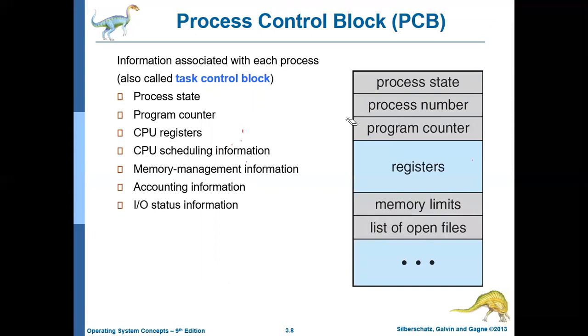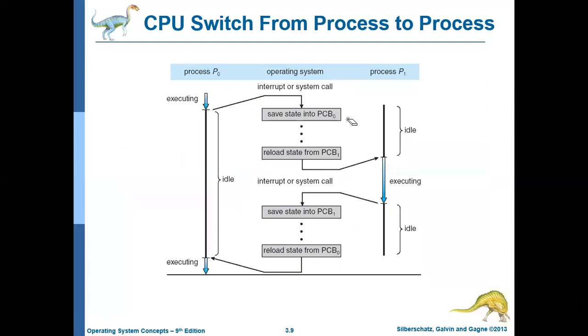We have discussed what a process control block is and what it contains. And we have discussed how the processor switches from one process to another with an example, like how it pushes or saves the PCB into the stack, and how it pops or reloads it when it wants to go to a new process.